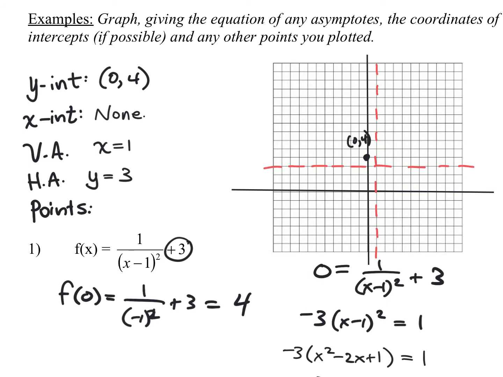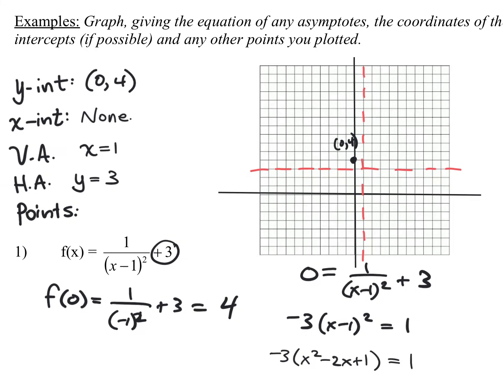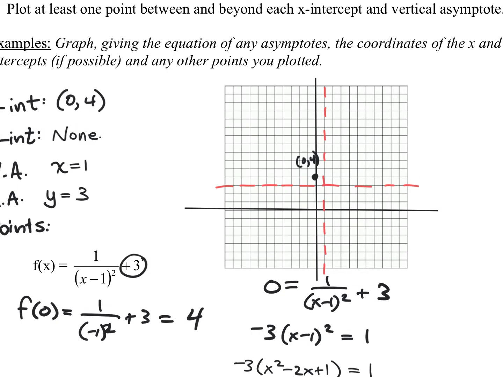And I want to plot one point on the right side of my vertical asymptote as well. Let's say f of 2. So let's find the point when x equals 2. So in this case, that would be 1 over 1 plus 3. So the point (2, 4) is also on my graph.